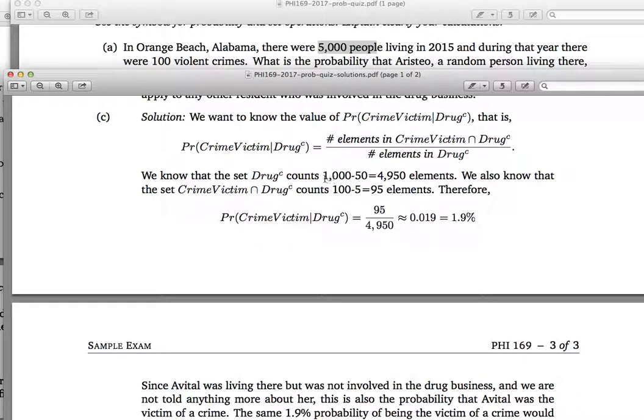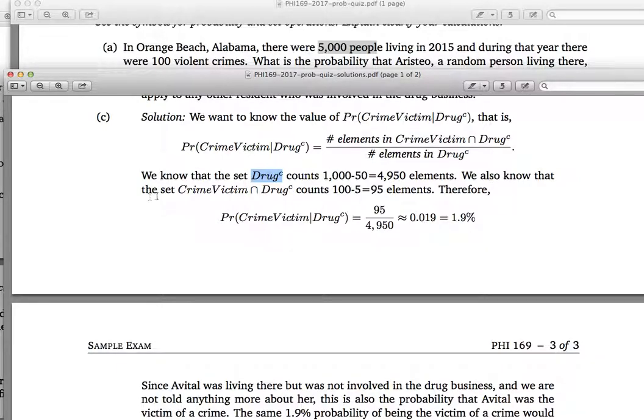There is a mistake here, so it should be 5,000. So we are subtracting 50 people from the 5,000 people, and this is going to give us 4,950. These are the number of elements in drug complement.